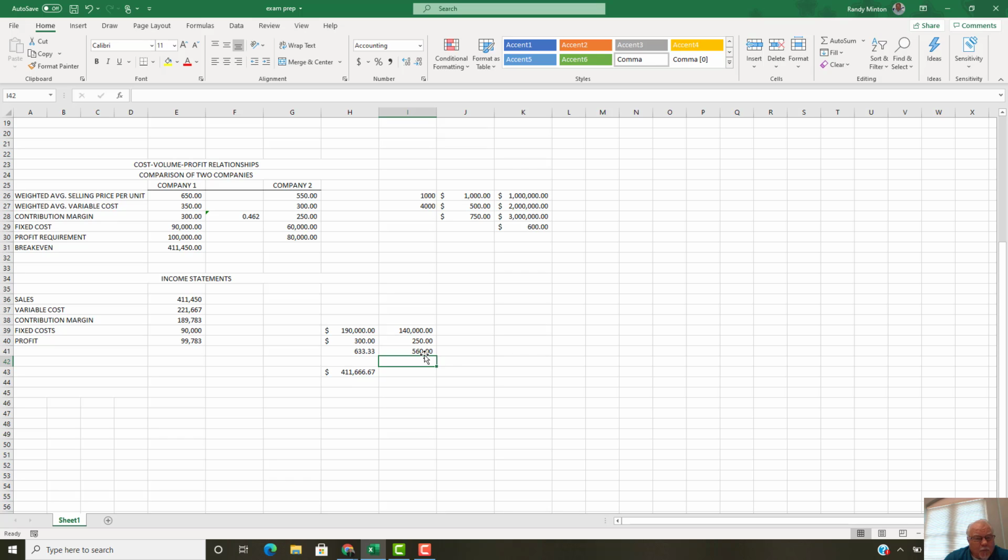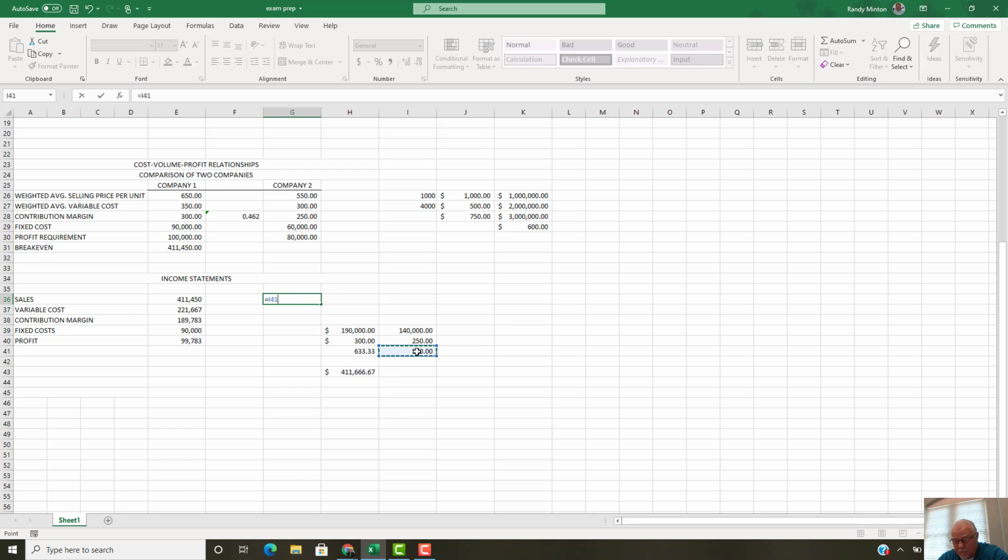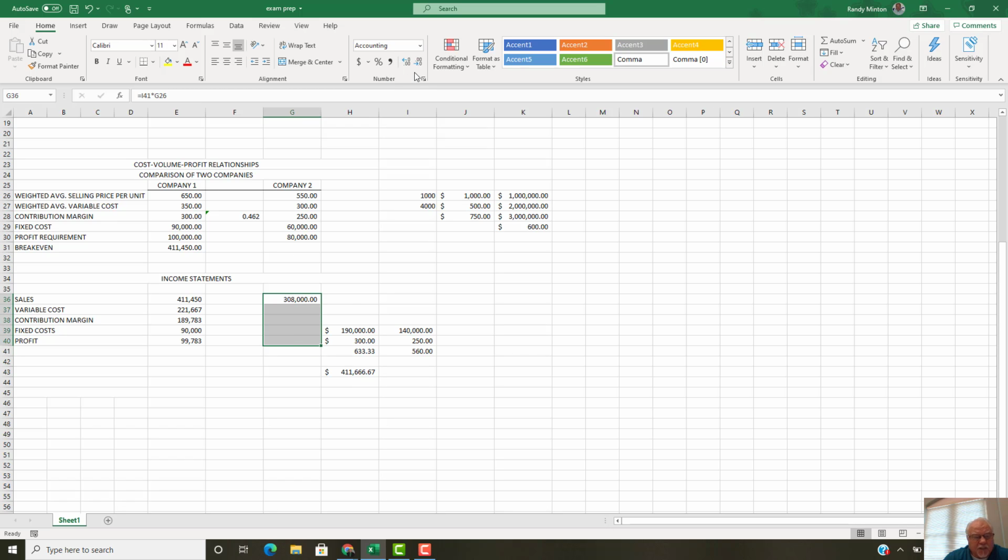Okay, so when I multiply this back, coming back to my income statement, I've got now 560 units. So 560 units times $550 gives me 308,000, and I'm going to come down here and put in a decimal so that you can see this a little bit easier.